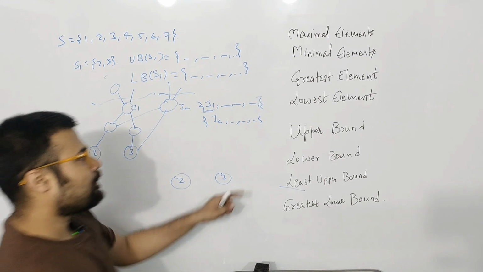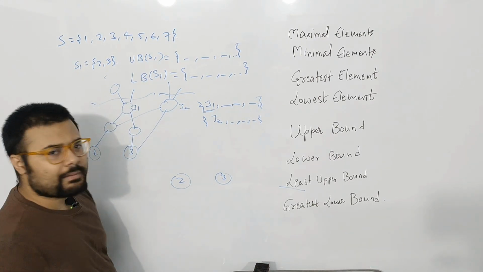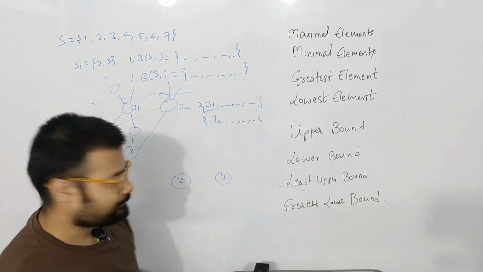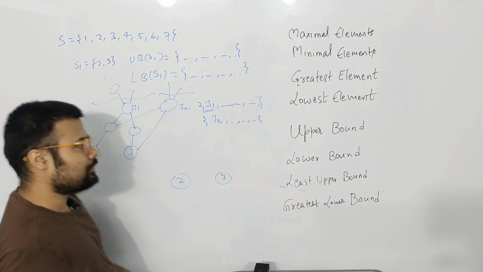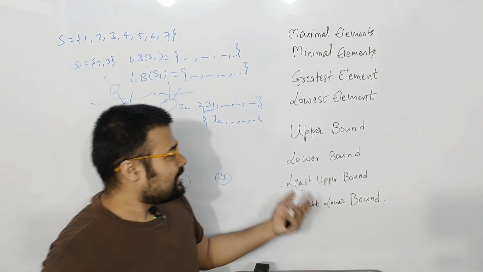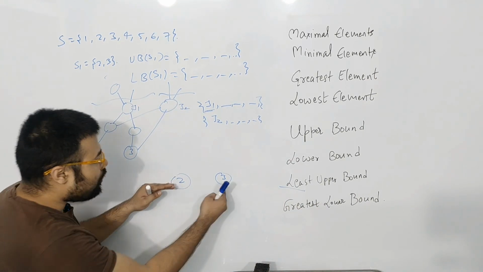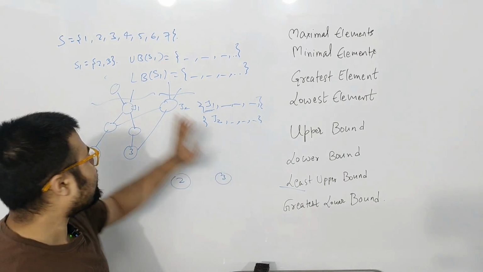In that case, the upper bound is empty. Let's suppose 2 and 3 are both maximal elements, then the upper bound will be empty. So for a given set, the upper bound may be an empty set. You may not find any element to which all of the elements of the set are related.